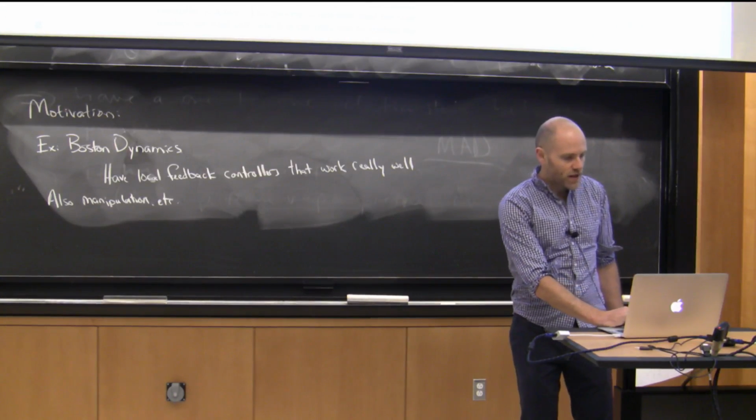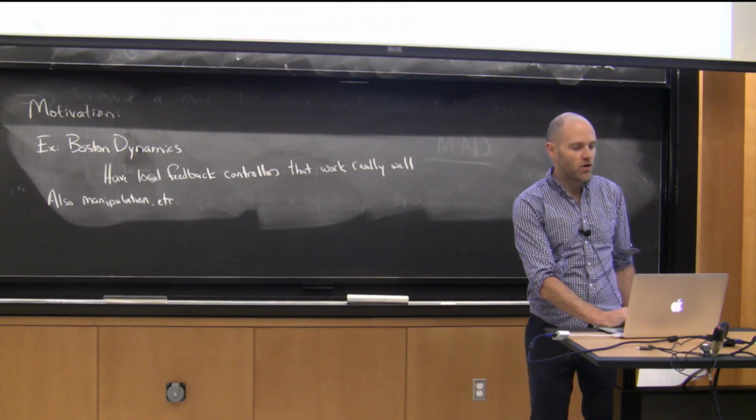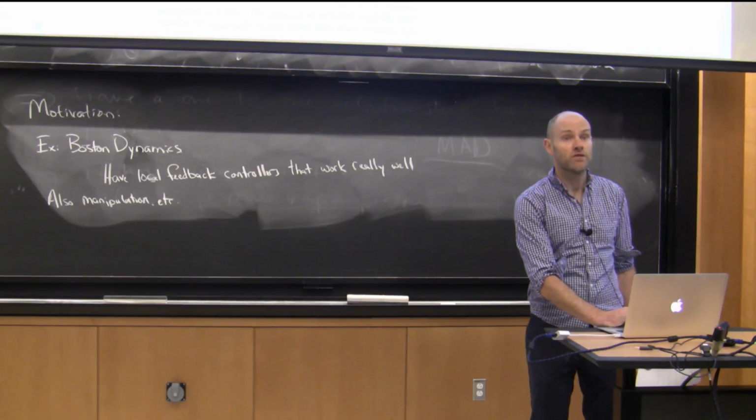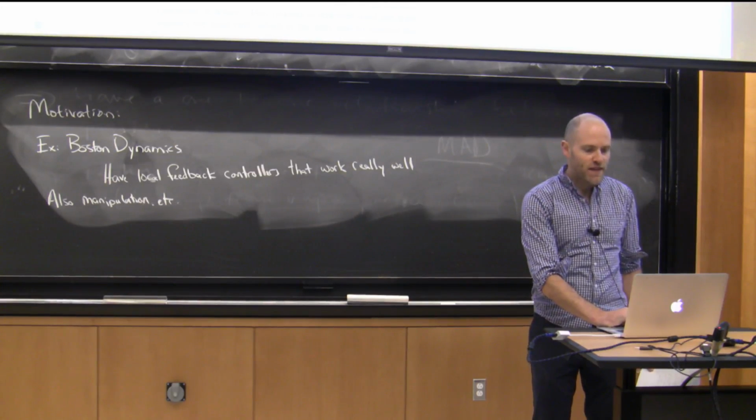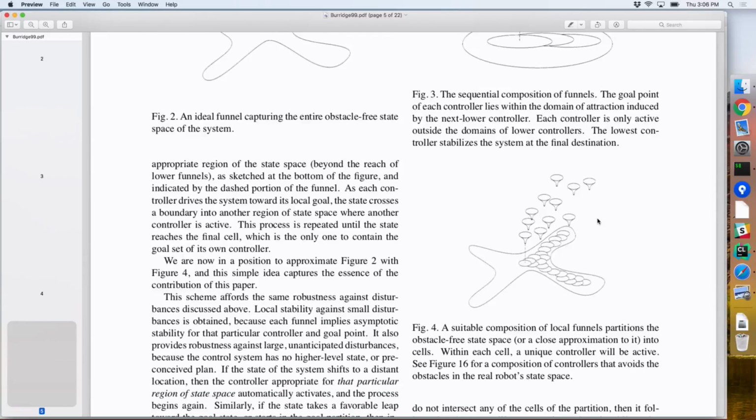If my goal is to stabilize to the goal from a large range of initial conditions, maybe these are all the possible configurations that are stabilizable to the goal, then can I achieve that by composing feedback controllers so that one dumps into the next dumps into this, and now the region of attraction of my composed controller is somehow the image of all of those funnels projected down on the state space. And the dream is that you start filling the space with these funnels, right?